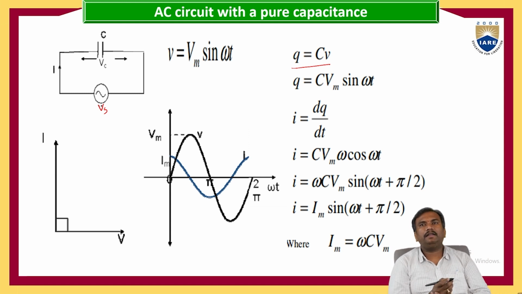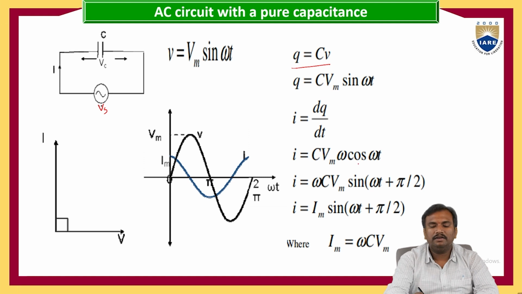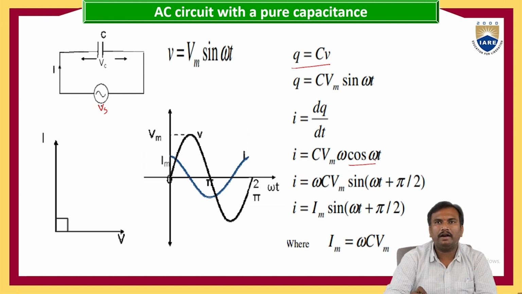While comparing the two waveforms, we need either sine functions or cosine functions. So we are converting this cos omega t into sine omega t plus pi by 2, where I is equal to Im sine omega t plus pi by 2, where Im is equal to omega C Vm.